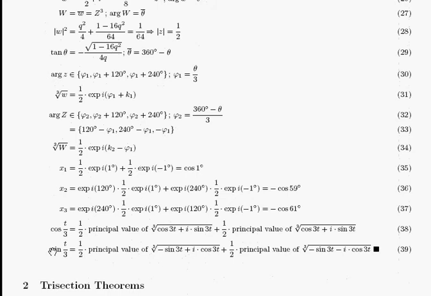Conclusion. Who is the cosine of t over 3? It's 1/2 of the principal value of the cubic root of the cosine of 3t plus I sin of 3t, plus 1/2 the principal value of the cubic root of cosine of 3t minus I sin of 3t.